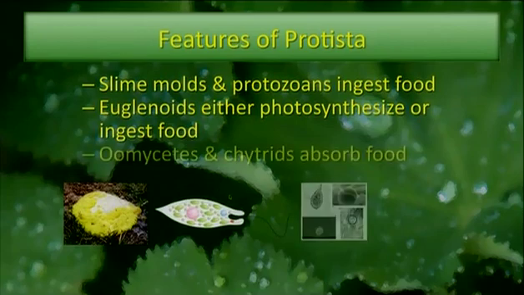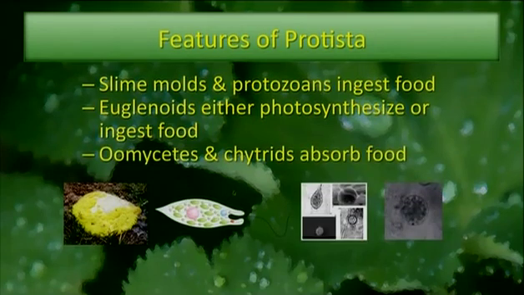And very much like fungi, the oomycetes and the chytrids absorb their food in solution. So you can see that the protistans have characteristics of the other three kingdoms, the Animalia, the fungi, and the plantae. Different ones have different characteristics.